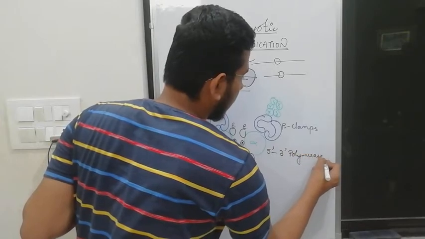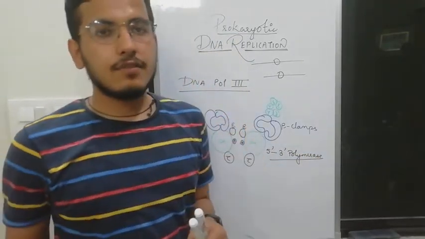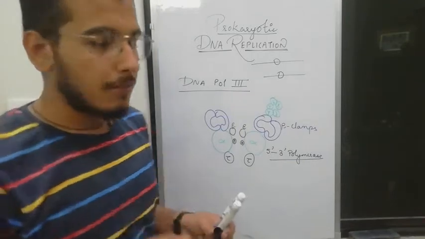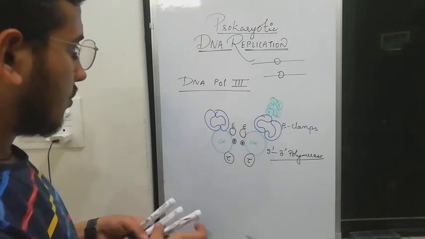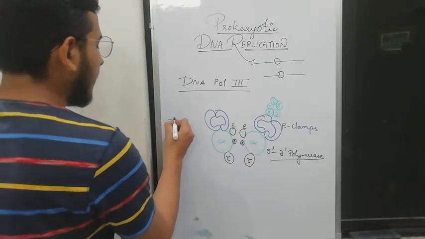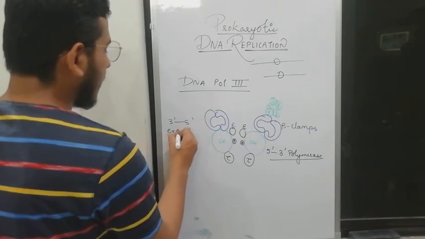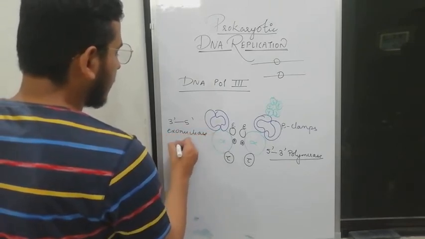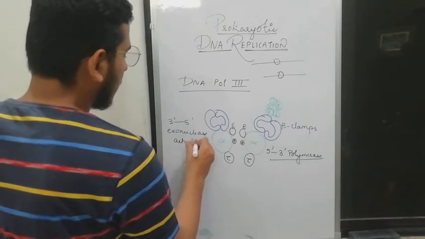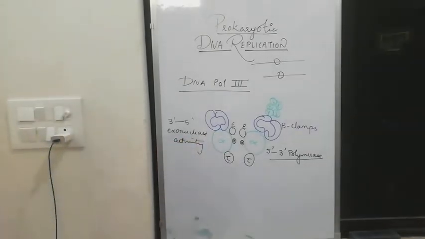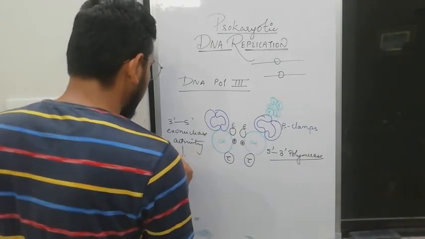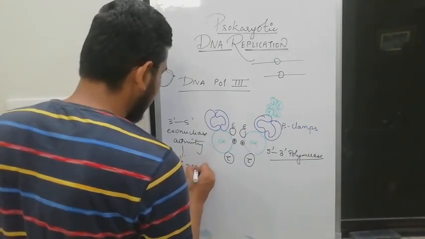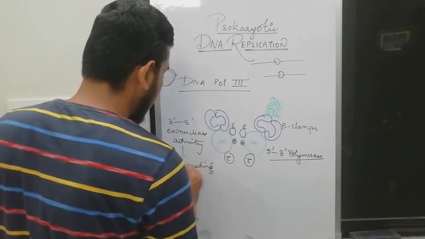The alpha subunit is for 5' to 3' polymerase activity, and the epsilon unit is for 3' to 5' exonuclease activity. It performs proofreading, checking whether the bases attached are correct or not.